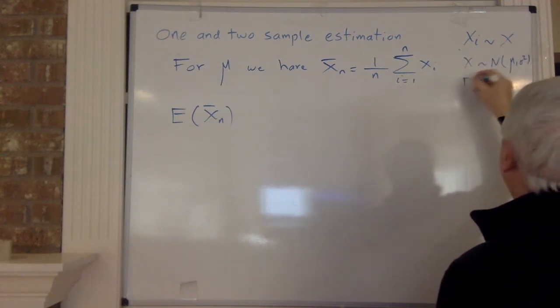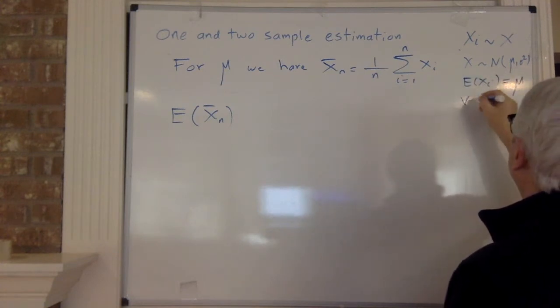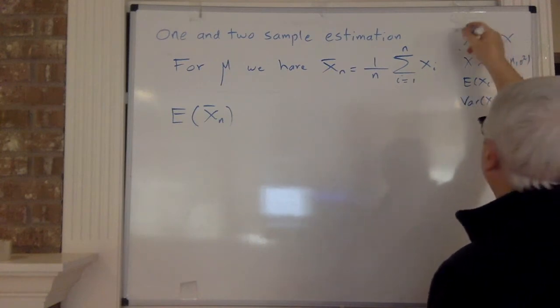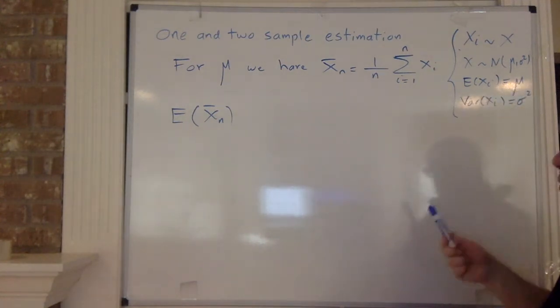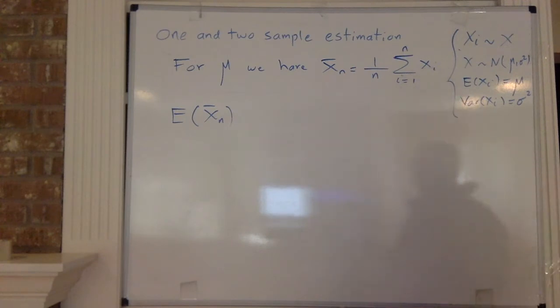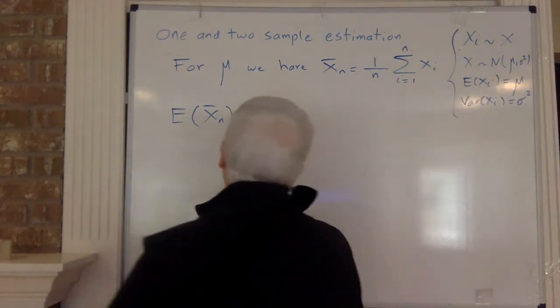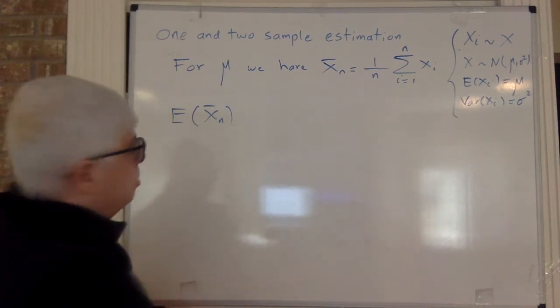So E of xi is mu, and variance of xi is sigma squared for all i. Okay? And I also mentioned that because these are all random variables, the sum of them divided by some constant is also a random variable. So this x bar n, which is a function of some random variables, is in fact a random variable. So this makes sense.